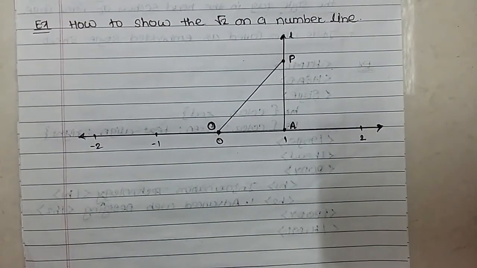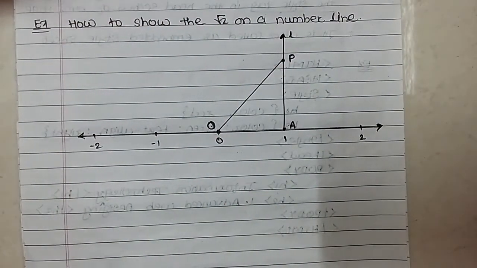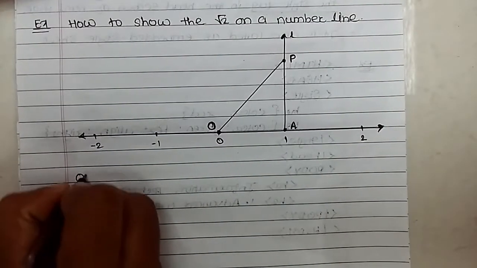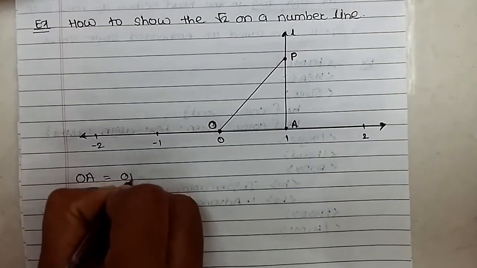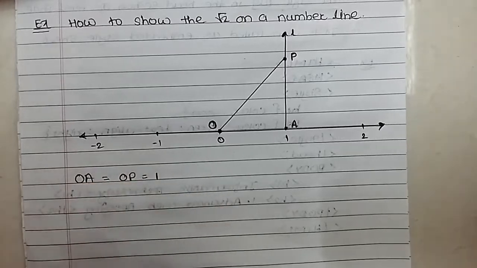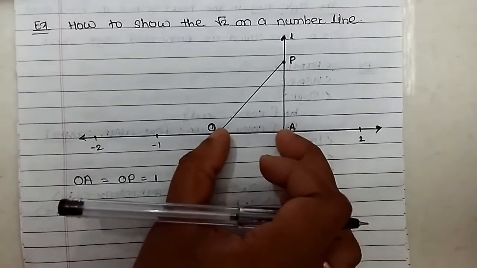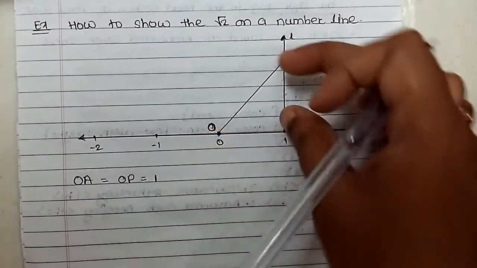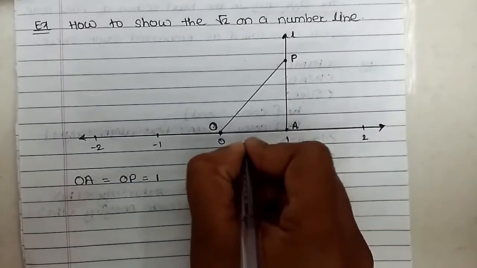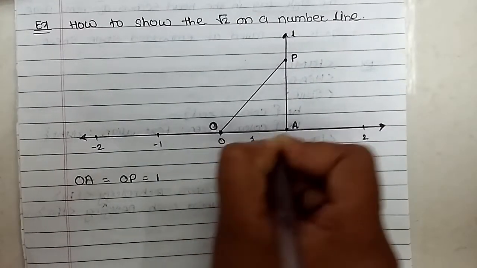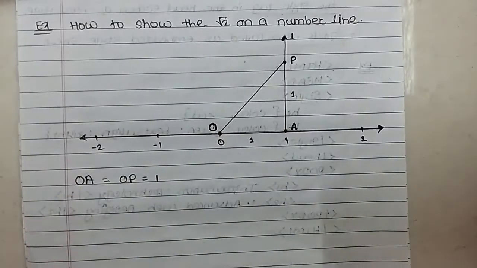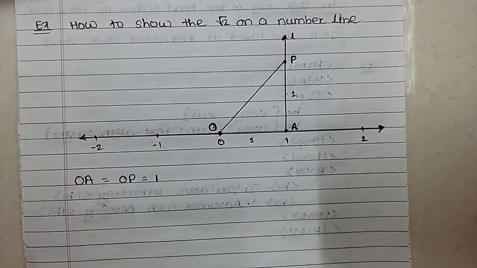Understand how to draw this? So we say that OA is equal to AP is equal to 1, because this distance and this distance are both equal to 1. Next, draw segment OP.